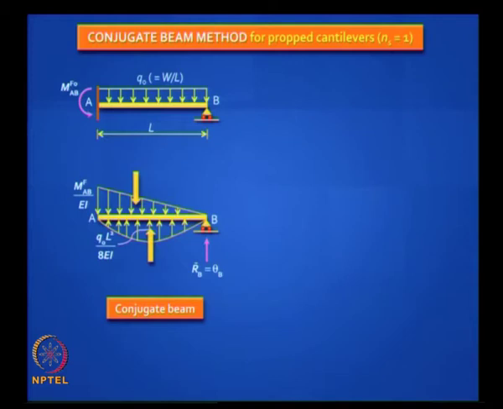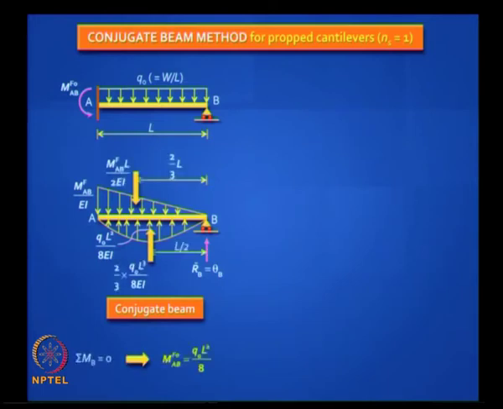Here you will find that the conjugate beam is not free, it is free hinged, and so the support reaction in the conjugate beam will take some reaction, and that reaction will be equal to the slope of the beam at B. Again, you equate the forces and you can get the solutions. In this case it works out to be q naught L squared by 8 for a uniformly distributed loading.